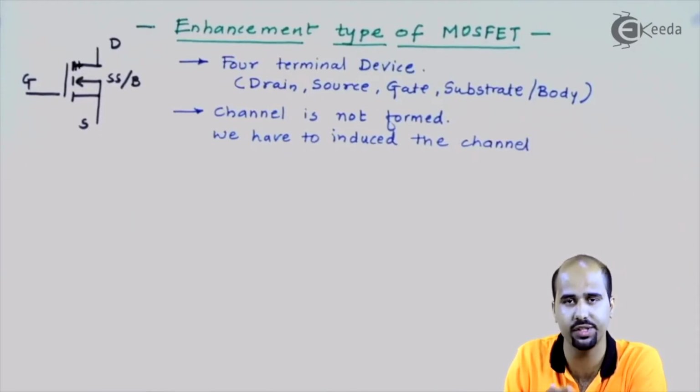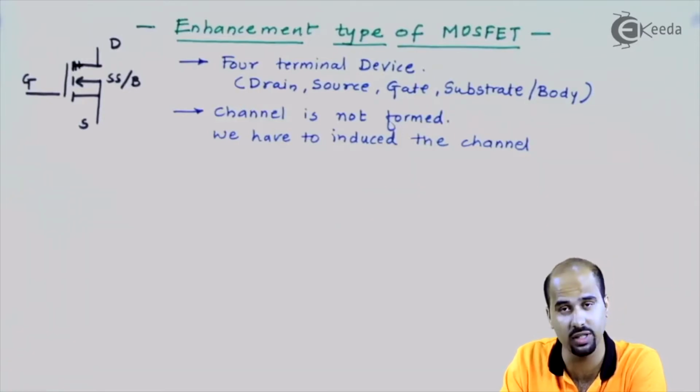We have learned the three processes: accumulation, depletion and inversion, right? After the inversion, whatever layer we get at the oxide semiconductor interface is called the channel, and for that obviously a voltage has to be supplied at the gate terminal.